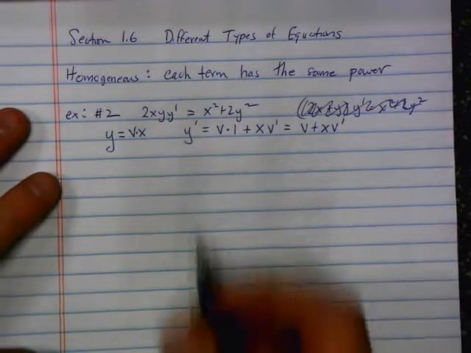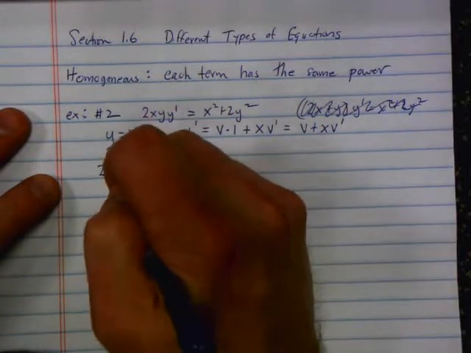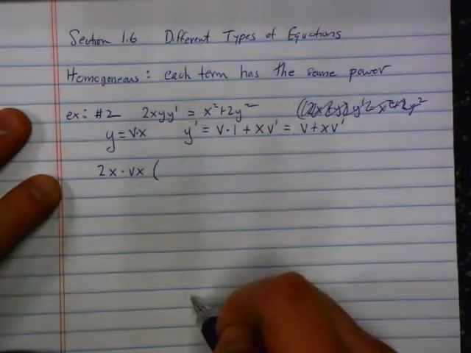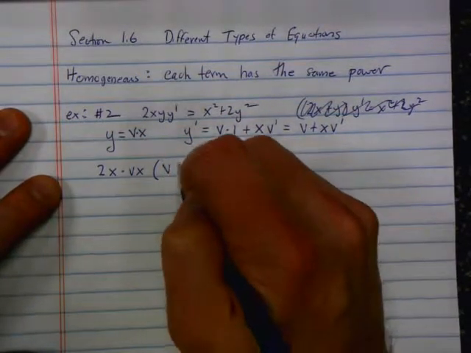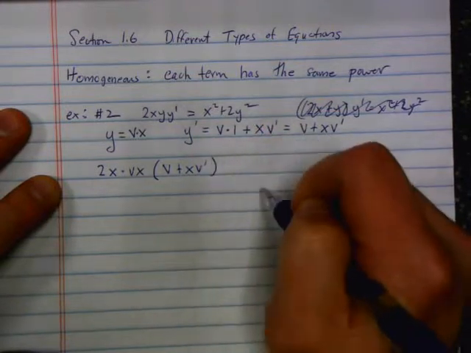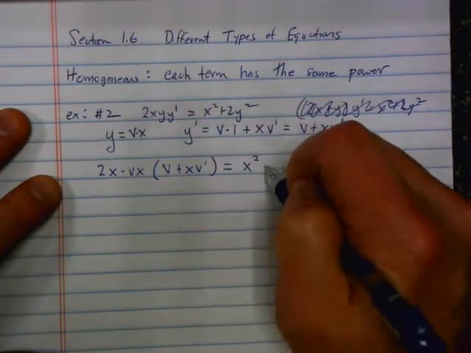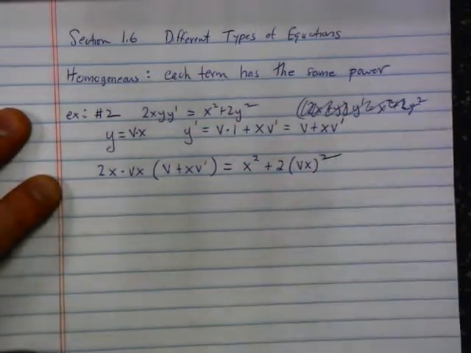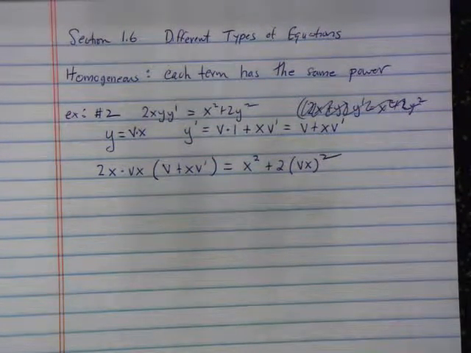So let's do that. We have 2x times vx times v plus x v prime equals x squared plus 2 times vx, quantity squared. Now what? How does that help?